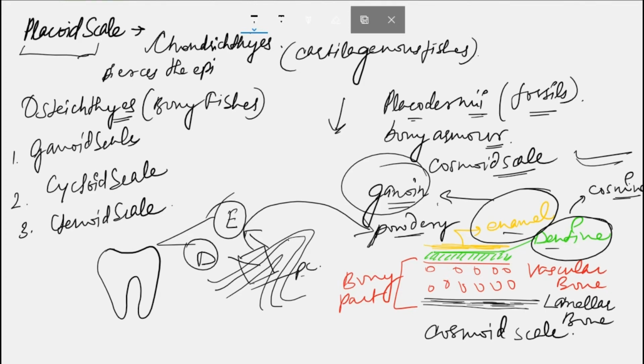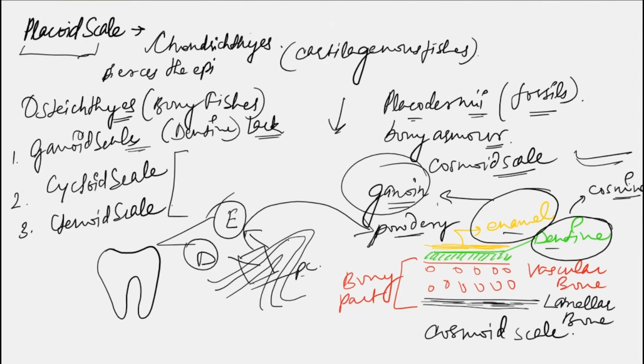And in the rest of the scales, when we see them in the advanced fishes, these layers are going to disappear one by one. For example, in the case of the ganoid scale, the dentine disappears. The fishes that have the ganoid scale lack the dentine part of the scale.